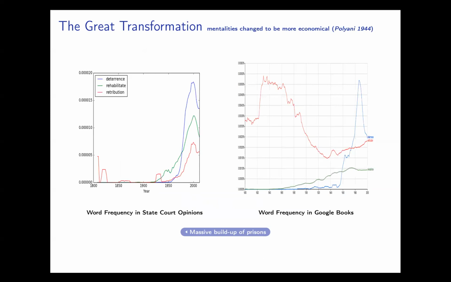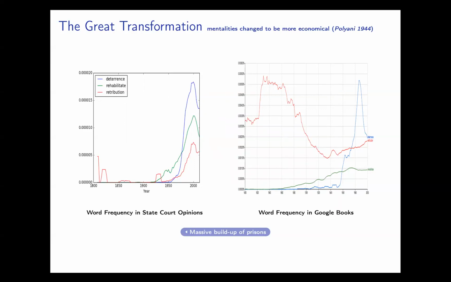So the great transformation is something that Carl Polanyi referred to as the mentalities changing to become more economical. We can see in state court opinions and in Google Books, in the 1800s, retribution was more popular, then overtaken by rehabilitation, and then by deterrence in the 1960s.